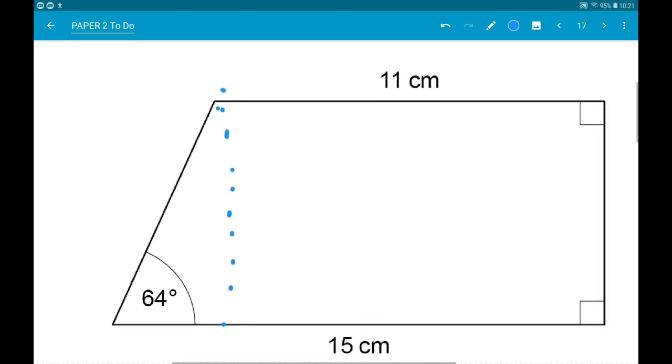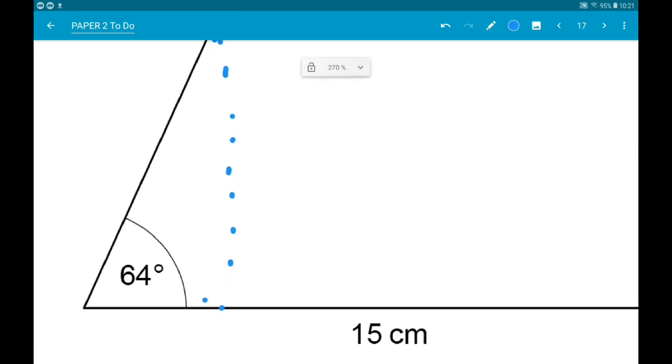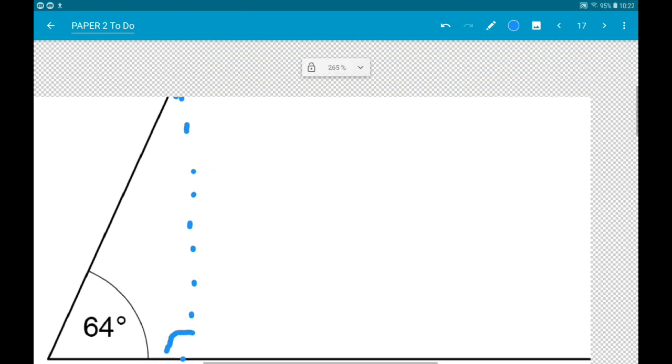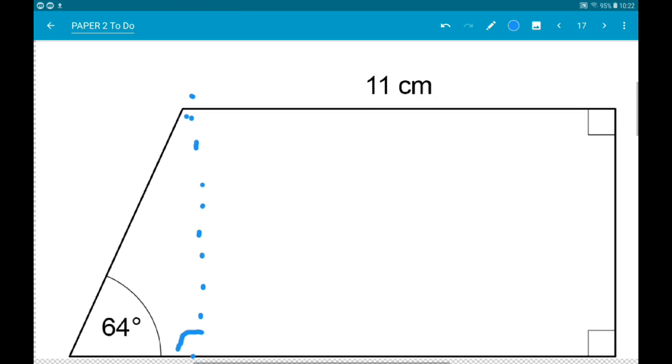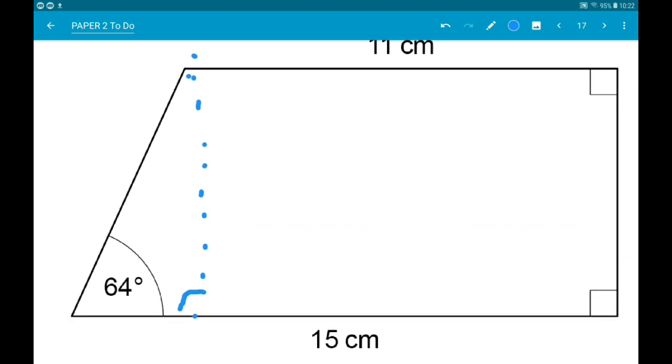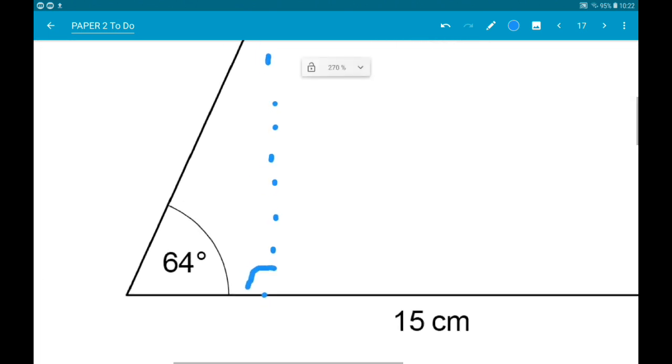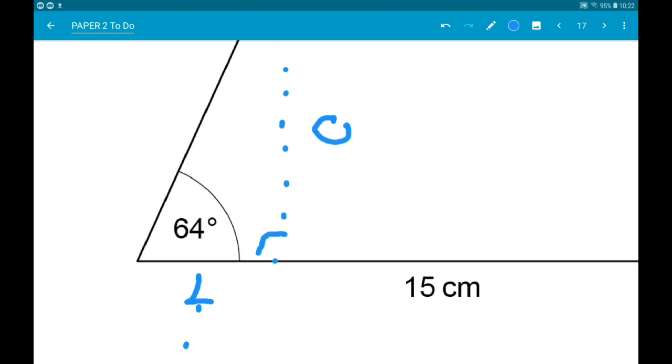So we can make this into a right angle triangle. Now because the top is 11 centimeters and the base is 15, the base of this triangle is 4. Now in terms of the angle, the height is the opposite, 4 is the adjacent.